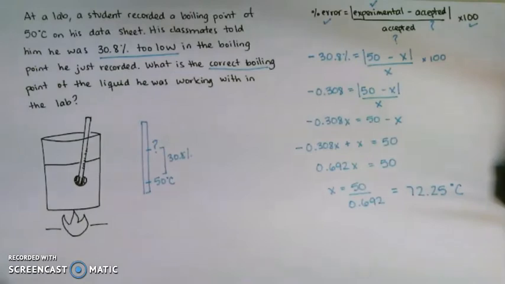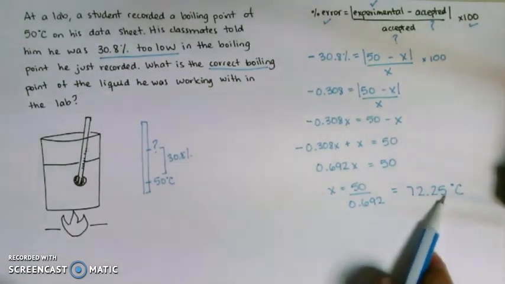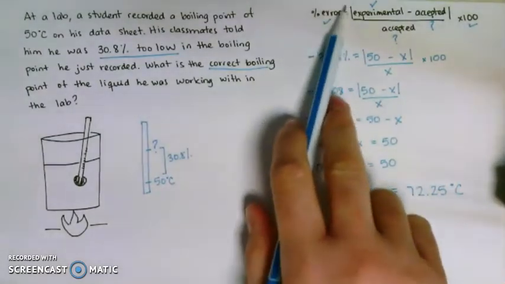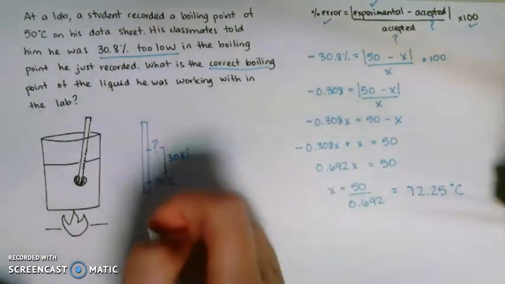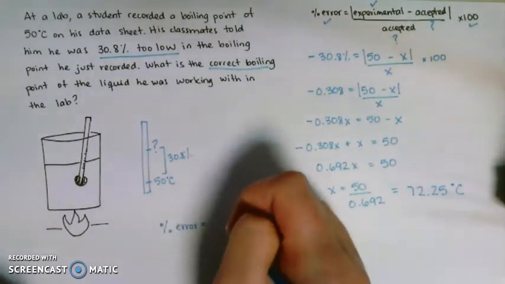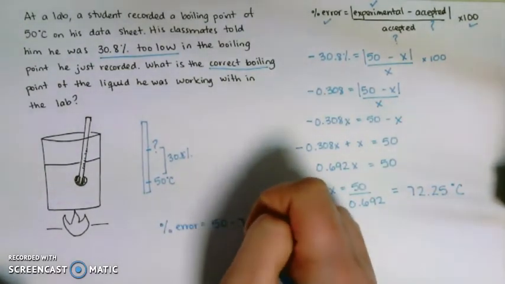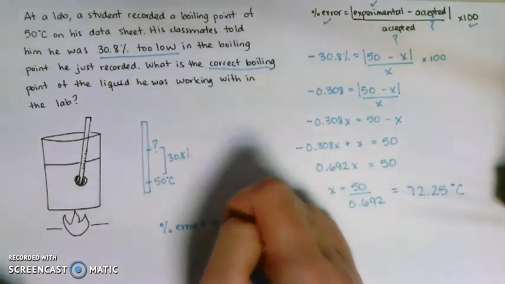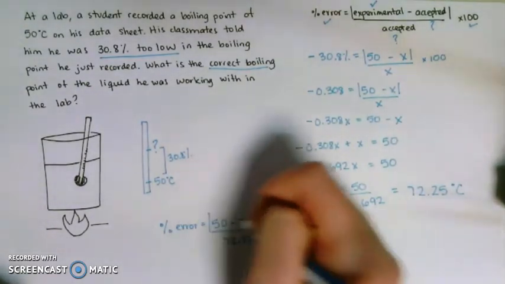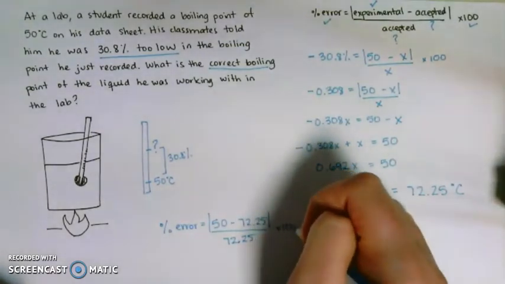To check my answer, I am going to be substituting this number as my accepted value, and I am going to be leaving this one as an unknown. So I want to find out the percent error, and I have 50 minus 72.25 divided by 72.25. This is an absolute value times 100.